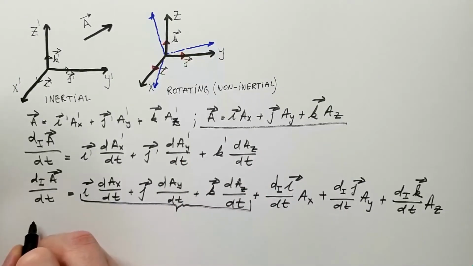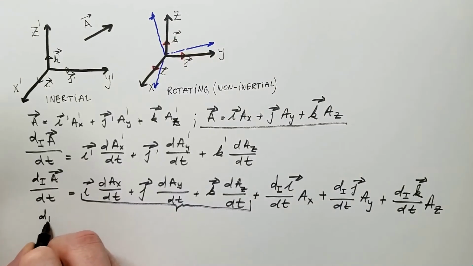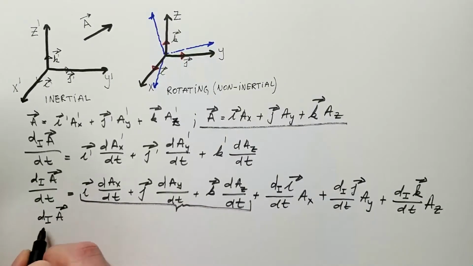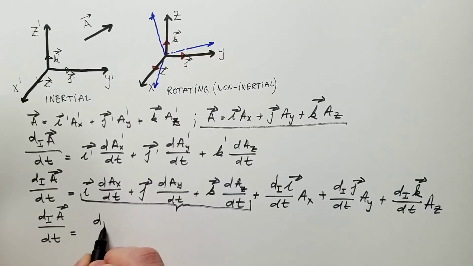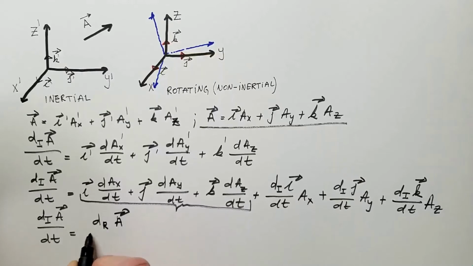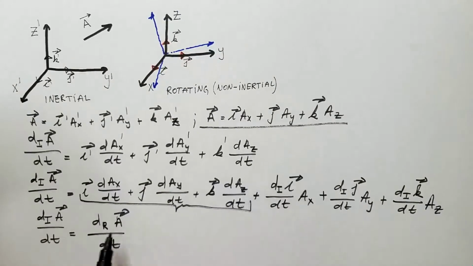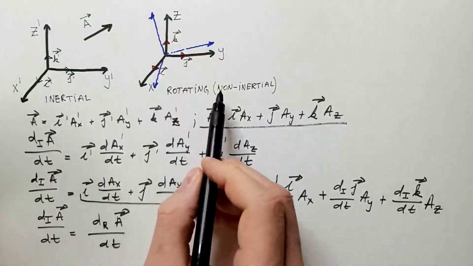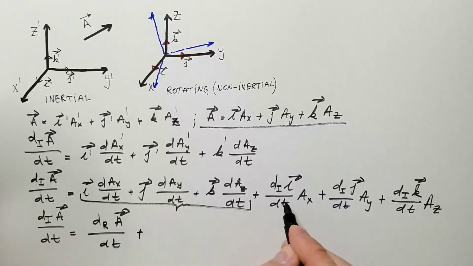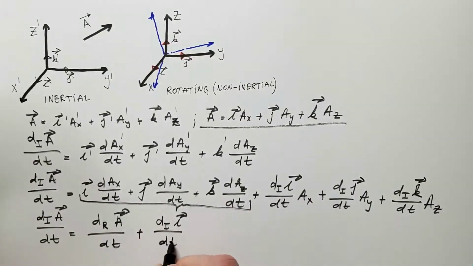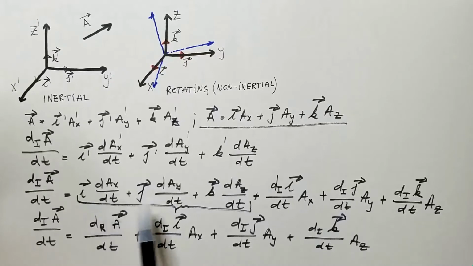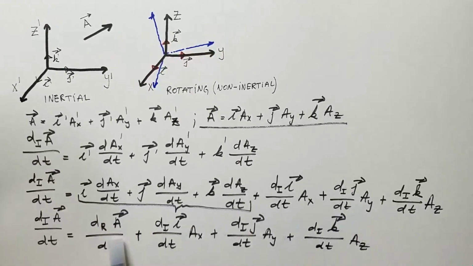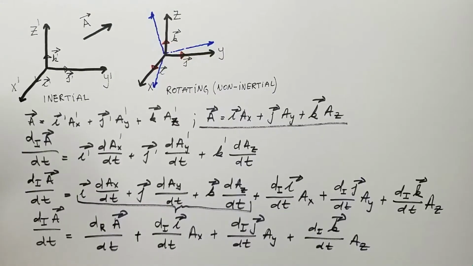So we can say that di of A dt is equal to dr of A dt, which is the differentiation of vector A in the rotating coordinate system, plus these three terms. So we reduced the complexity of this expression a little bit to this form.